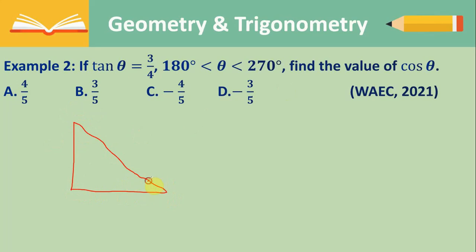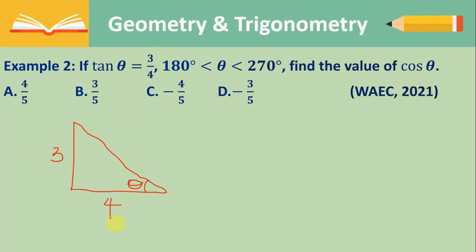Let's give an angle theta here. Your angle can be here also, be it on the choice you want, but you must make sure that wherever your angle is facing is the opposite. So since my angle is facing this side, this side will be 3, because I know this is opposite over adjacent. Then my adjacent is 4.